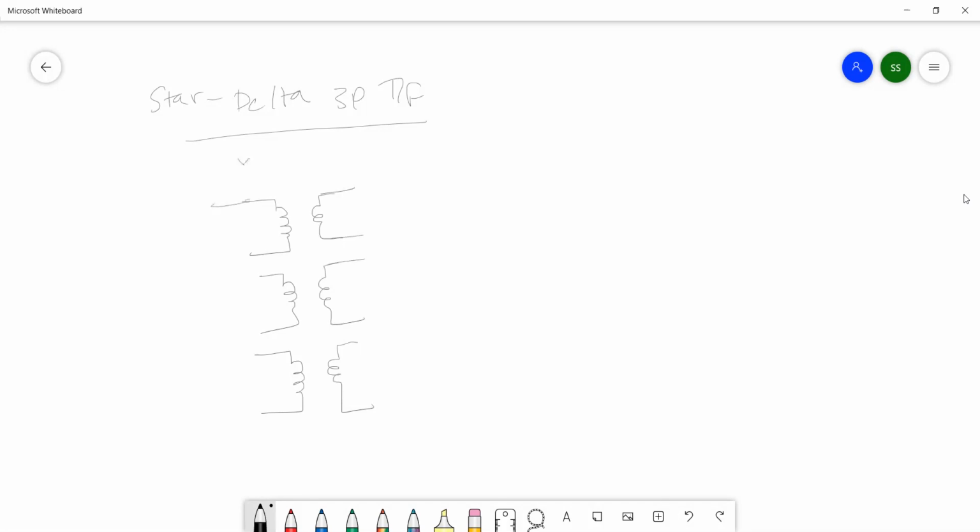Now the primary side is a star and the secondary side is delta. Now you people have to tell me which terminals I need to connect on primary and which terminals I need to connect on secondary. Tell me on primary side.